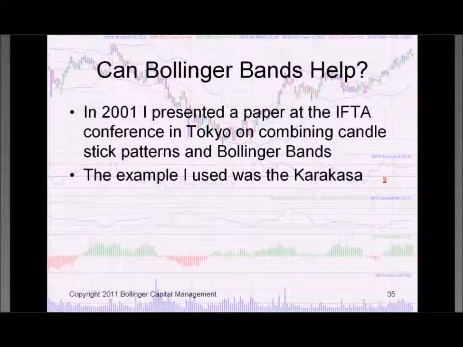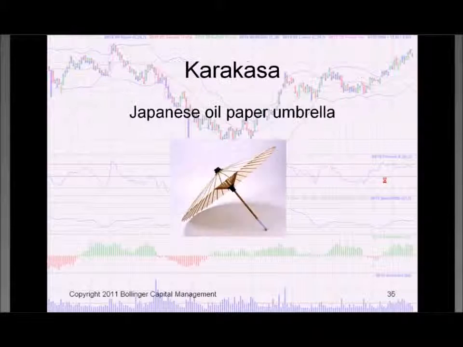I'm not really sure why I picked that pattern. I think it may have been suggested to me by a friend, but in fact, I just focused on that one pattern. For those of you that don't know, a karakasa is a Japanese oil paper umbrella. These things are made out of paper and bamboo, and with an oil like linseed oil. I believe it's actually tung oil that they use, rubbed into the paper.